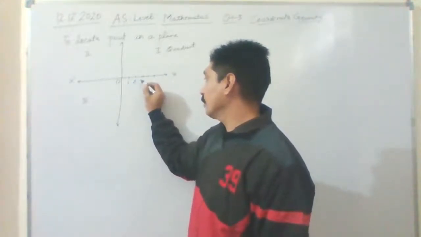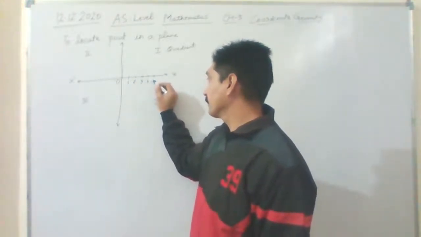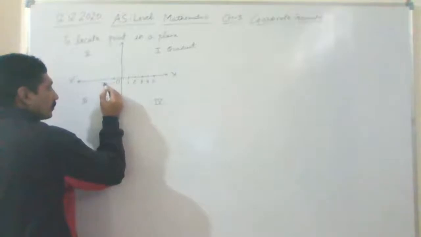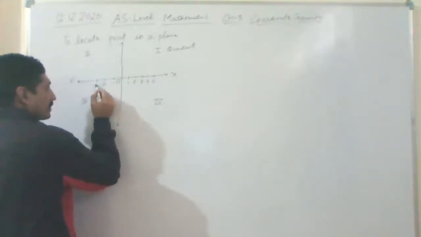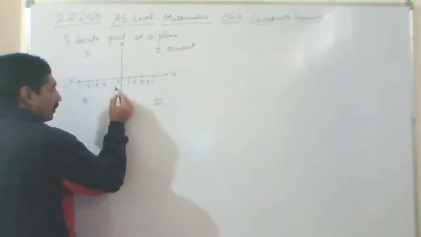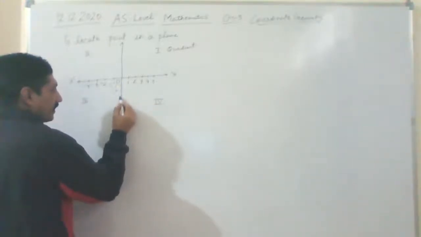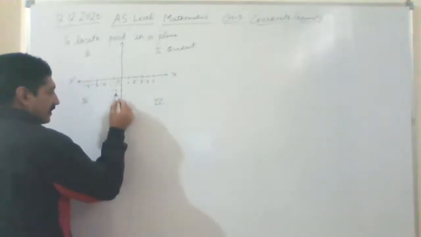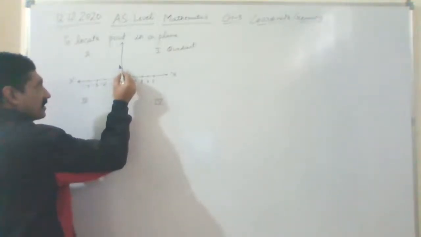This is the naming. Then -1, -2, -3, -4, and so on. -1 this side, so the y-axis is negative this side, and the y-axis is positive this side.